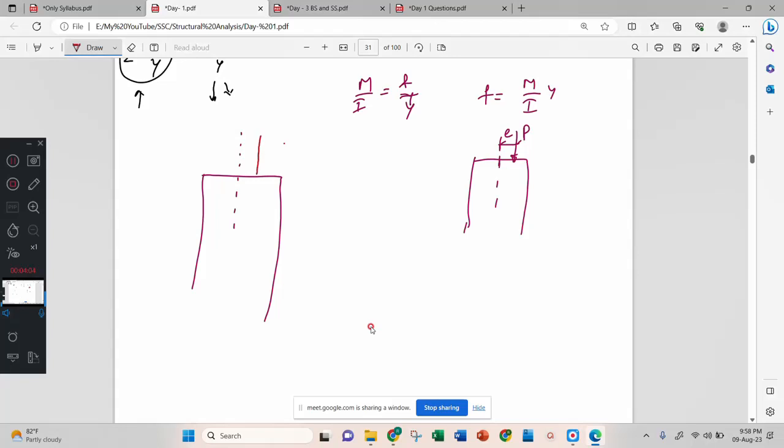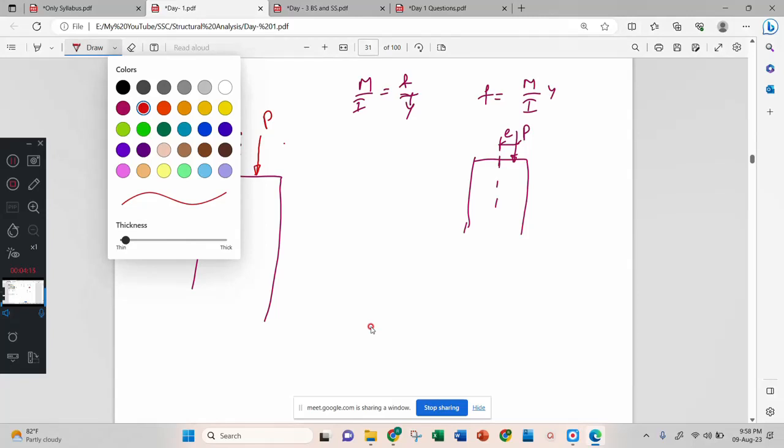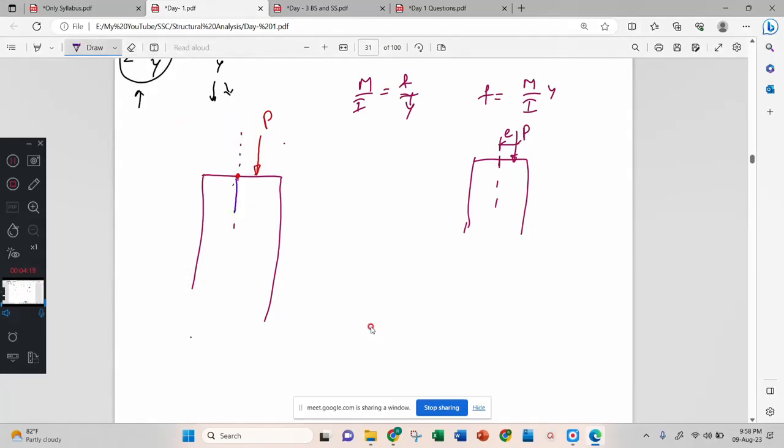See here. This is P now. I want to transfer this P to this point. To transfer that, what do I have to do? I will make some arrangement: one P this side and another P this side. Correct?